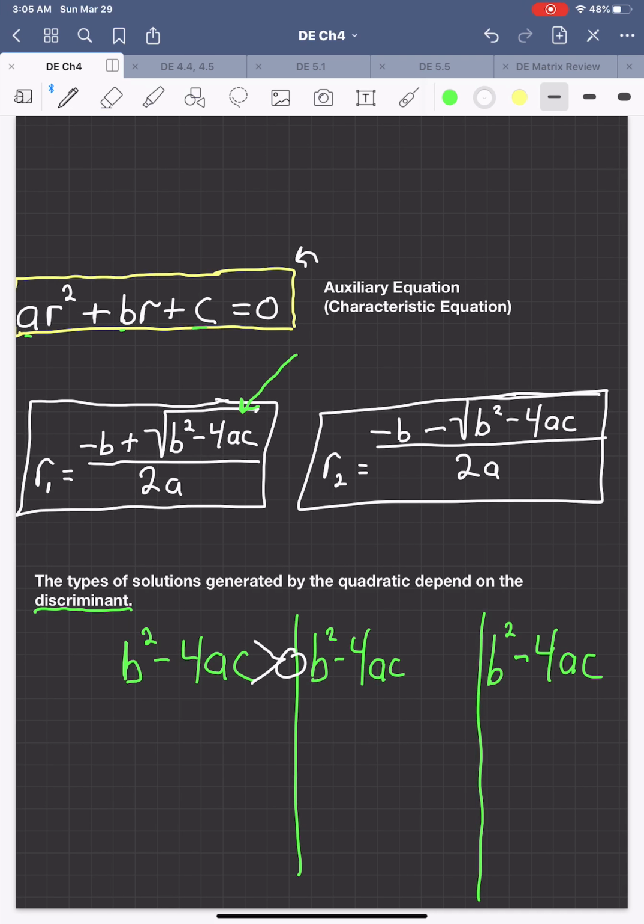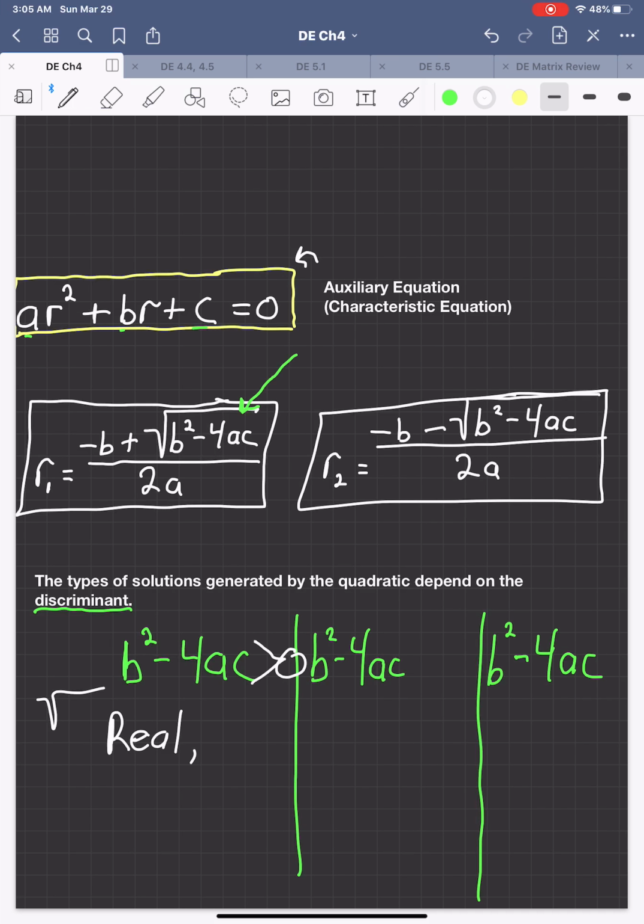If it's greater than 0, what type of solutions would you expect? Well, you would be taking the square root of some number that's greater than 0. That tells me we're still going to have real solutions. We're not going to be dealing with complex numbers. And how many solutions would you get?